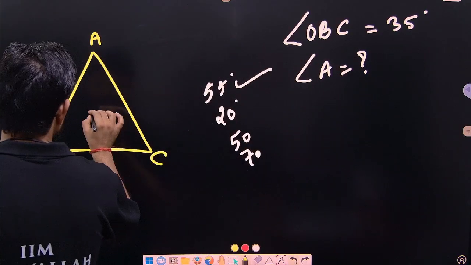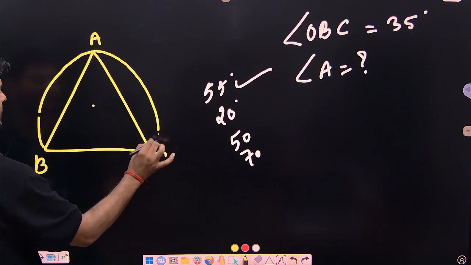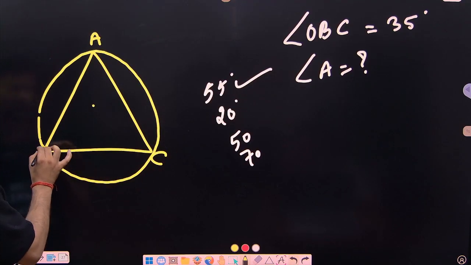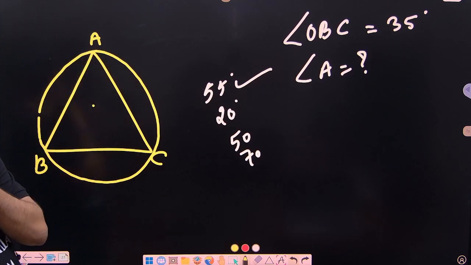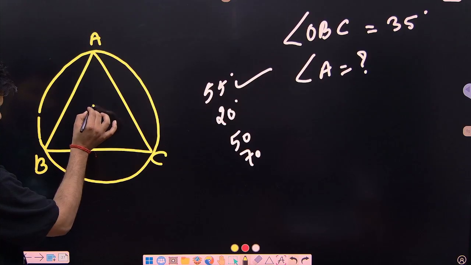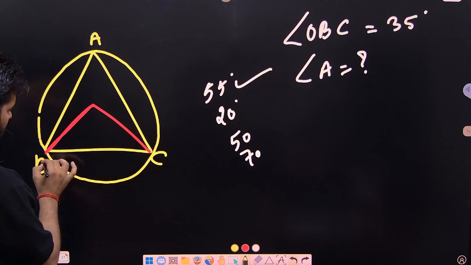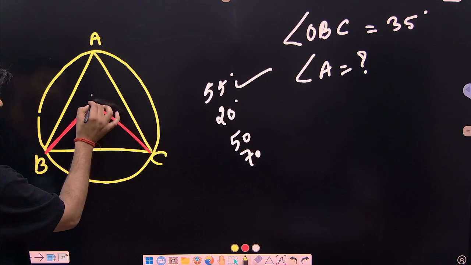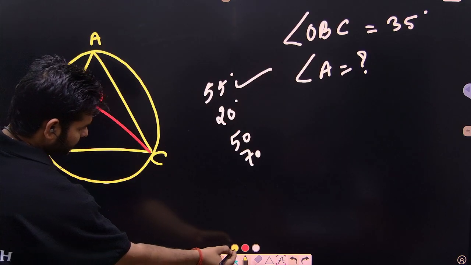If O is the center, and if I draw a circle, and we have been given OBC, this angle is 35.